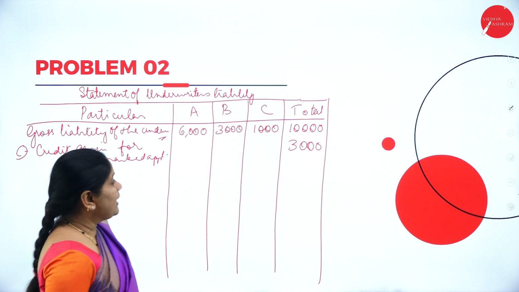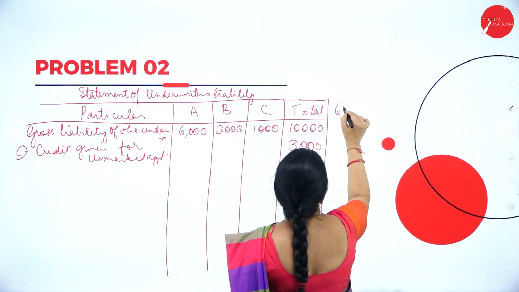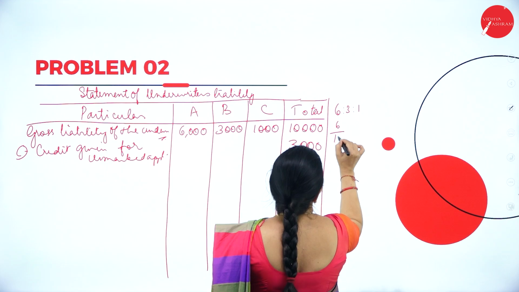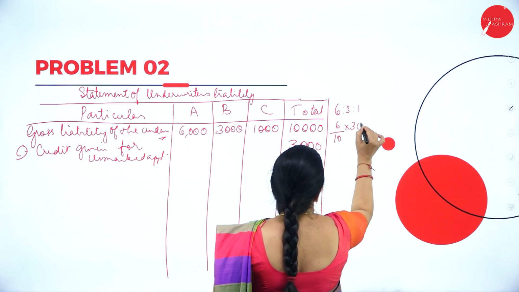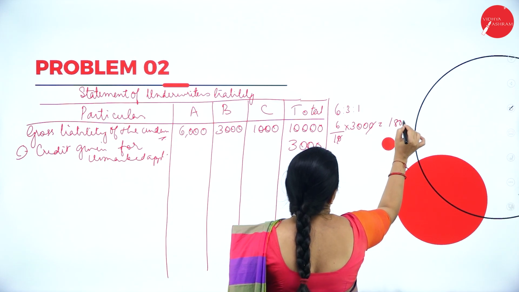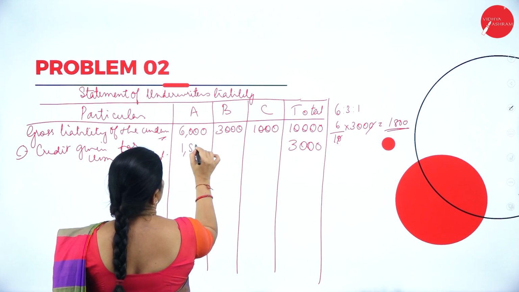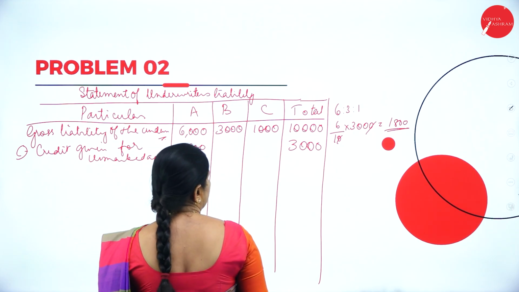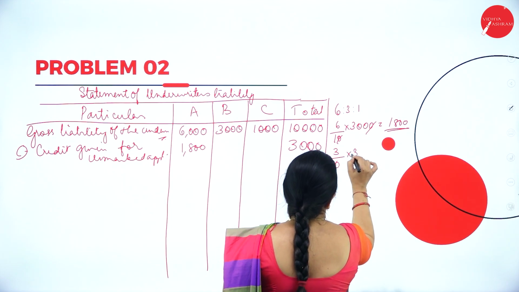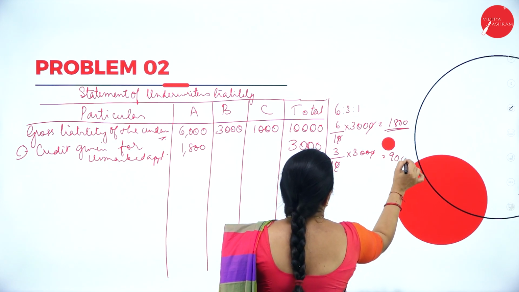Now, I will divide it in the ratio 6:3:1. So this will be 6 by 10 into 3,000. So this is 6 3s are 18, 1,800. Then again 3 by 10 into 3,000. So this will be 900.